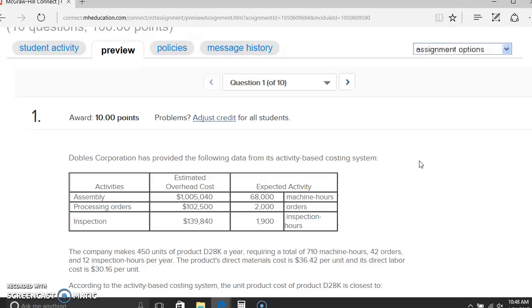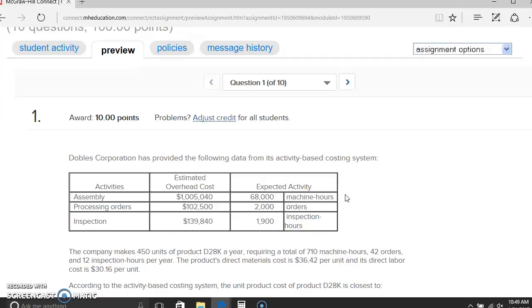This corporation uses activity-based costing. The point is to find what's called a cost driver, the item that makes your cost go up. For assembly, their cost driver is machine hours. They're not going to have much overhead if they're not running their machines in the assembly process.